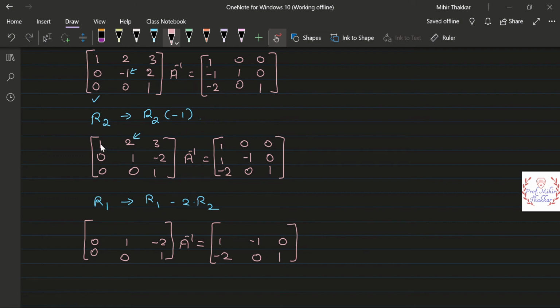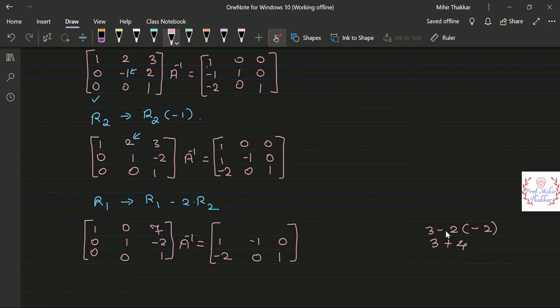So it is 1 minus 2 into 0, 1, 2 minus 1 into 2, that is going to be 0. Let us write this. 3 minus 2 into -2. So minus and minus will become plus. 3 plus 4, and that is 7.